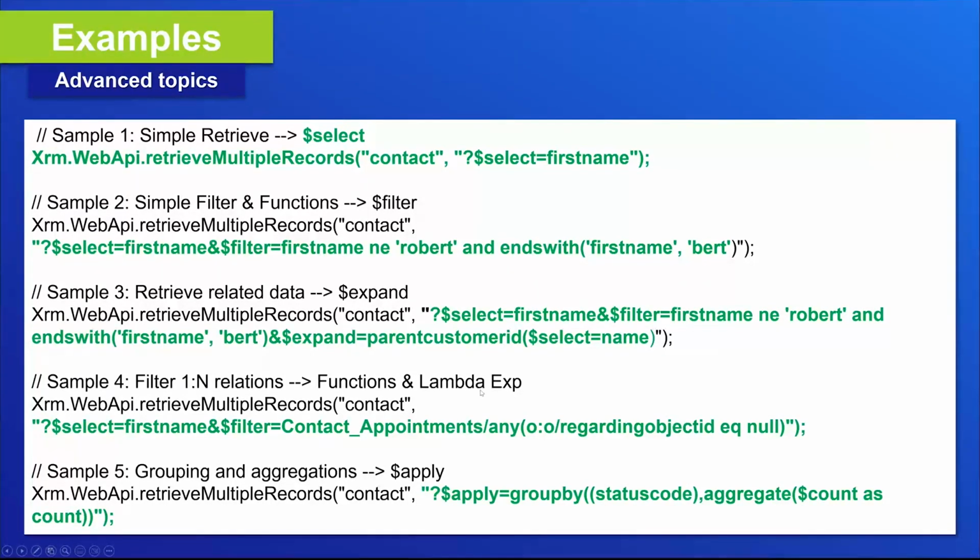And the third example is a very interesting one. We can use functions and Lambda expressions. So same thing here, but in this case, I got the filter, and the filter here is a relationship. And now I have the problem because it's not a one-to-one relationship. I have multiple appointments. So I got one account, I have multiple appointments.